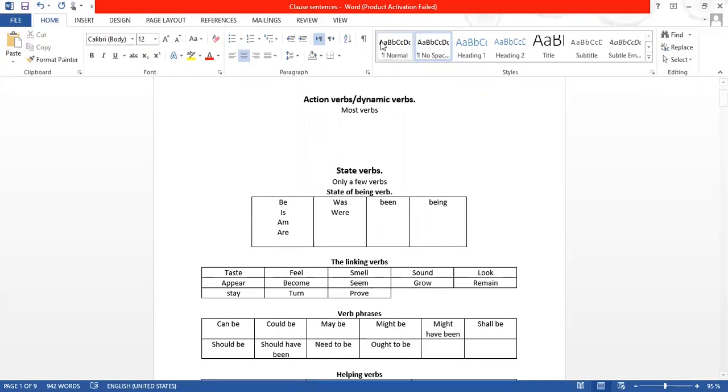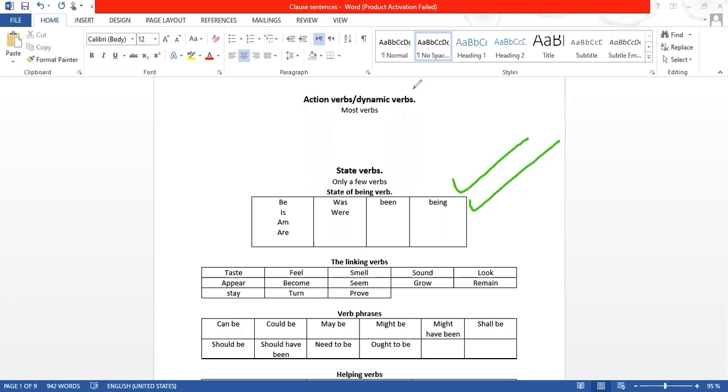If we divide them further into different parts, we have this first one, which we did yesterday or the day before yesterday in the last class. This state verb is only the state of being, a being word.